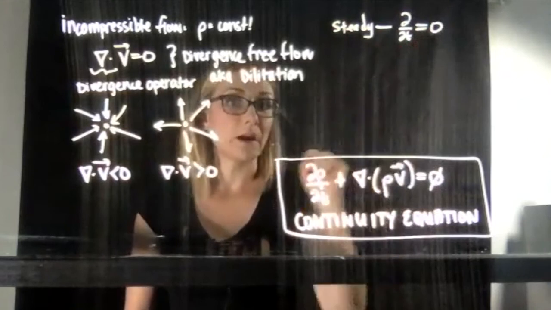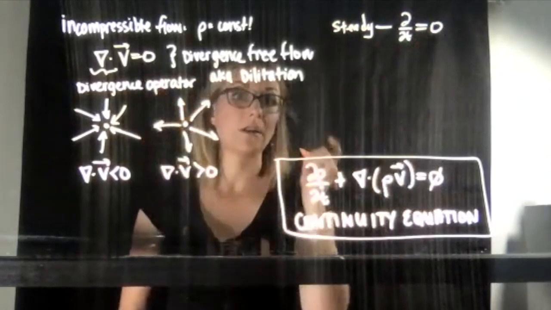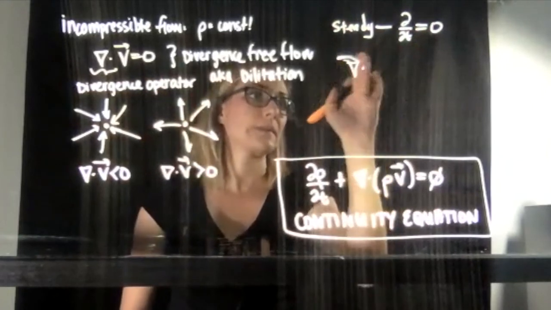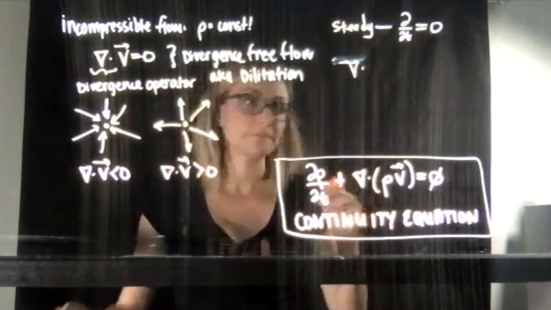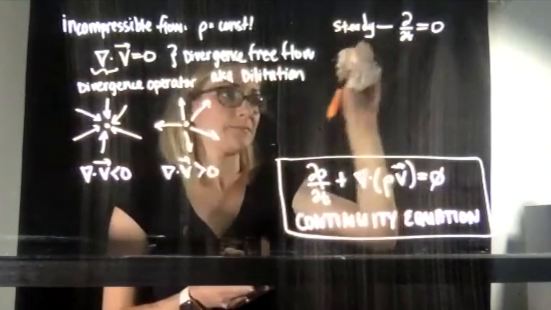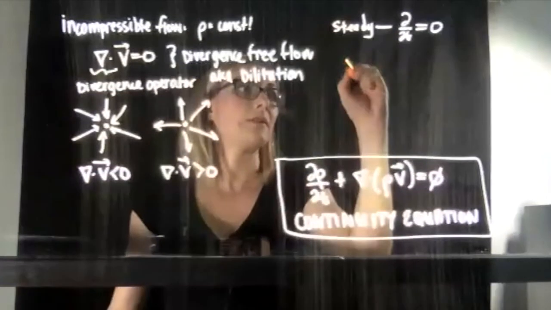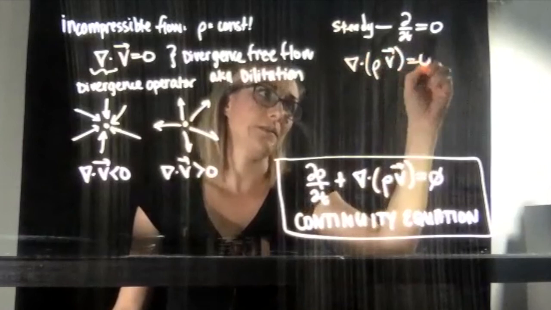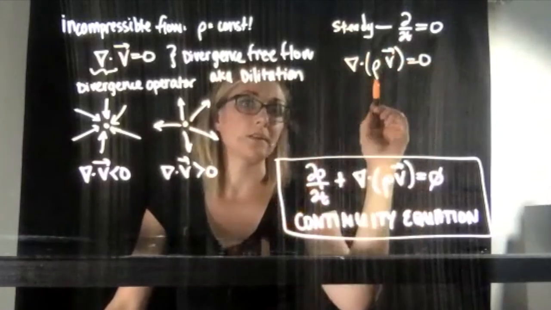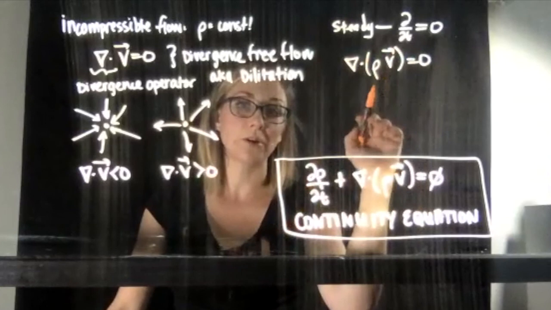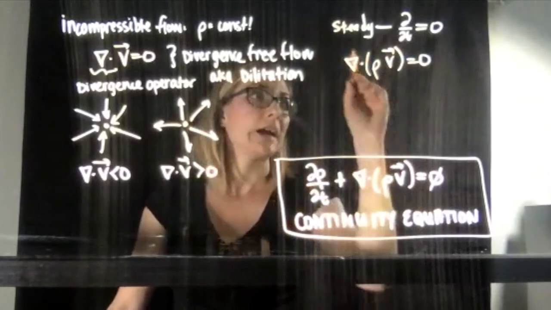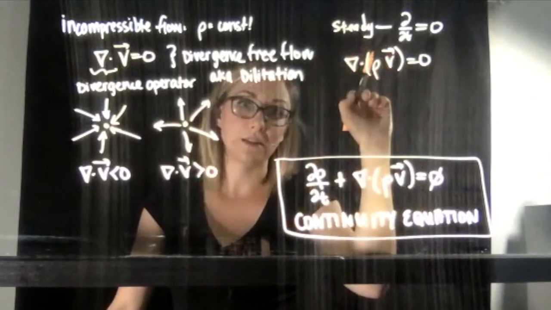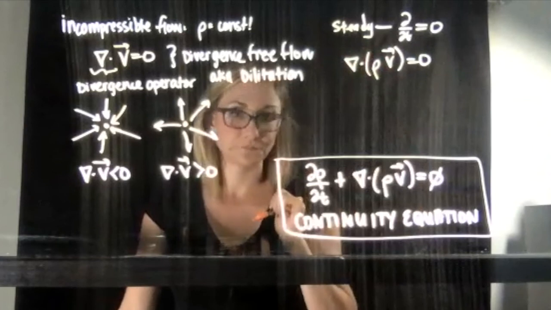So that means, similar to this equation, our continuity equation now becomes that we have the divergence of rho times the velocity is equal to 0. You'll notice here now, instead of just the velocity in this operator, we have our density hanging around as well. And that's just because we've said nothing about compressibility at this point. We've only said that it's steady. Okay, so we have to keep the density. All right.